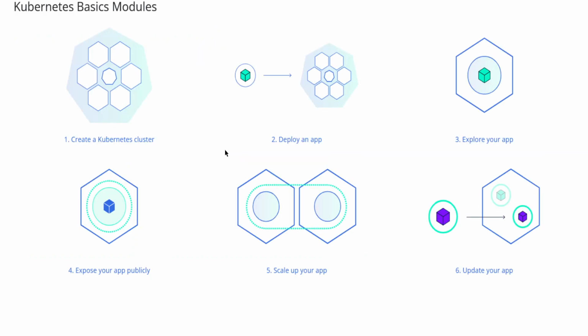So Kubernetes is used to orchestrate your big programs or even small programs where you need scaling up and scaling down of your clusters or your application. So you create a Kubernetes cluster and then you deploy an app into these clusters. So then you explore and expose these apps to public, and whenever there is an increased or a decreased load, you scale up your containers accordingly.